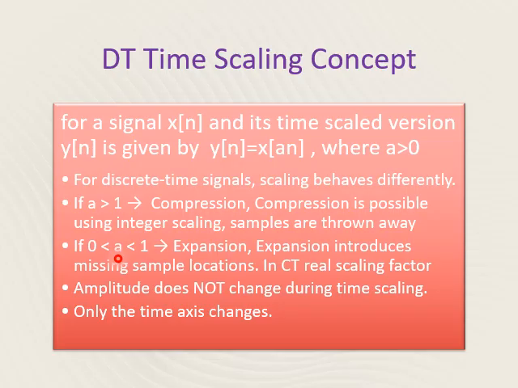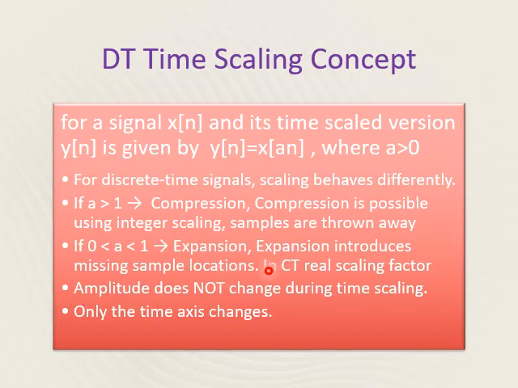Similarly, if the scaling factor is, of course it should be positive, greater than 0, and less than 1, in that case there will be expansion, similar to the expansion we have in the continuous time case. But expansion introduces missing sample locations in the discrete time case. So normally in the discrete time case, we replace those locations by 0.